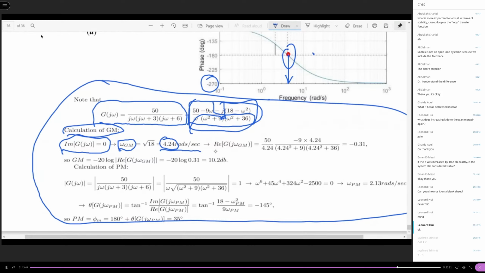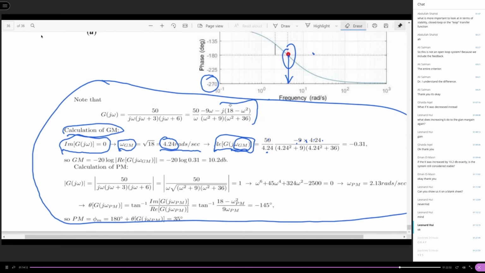Then you calculate the real part of your frequency response at this crossover frequency. You substitute this frequency into the real part, which is here. 54.24 minus 9 multiplied by 4.24 is here, and then the denominator is omega squared. Let me erase that.